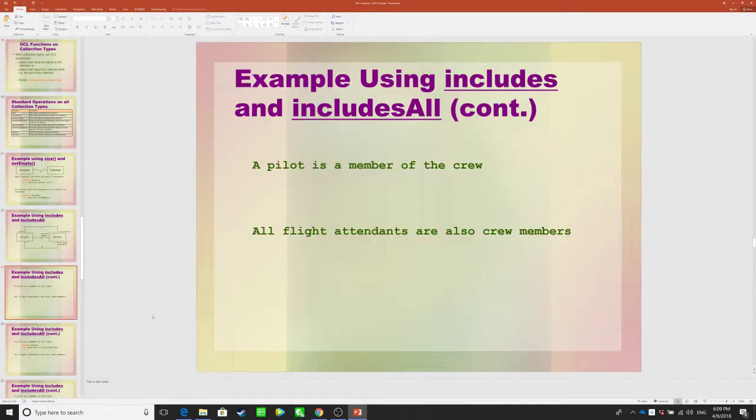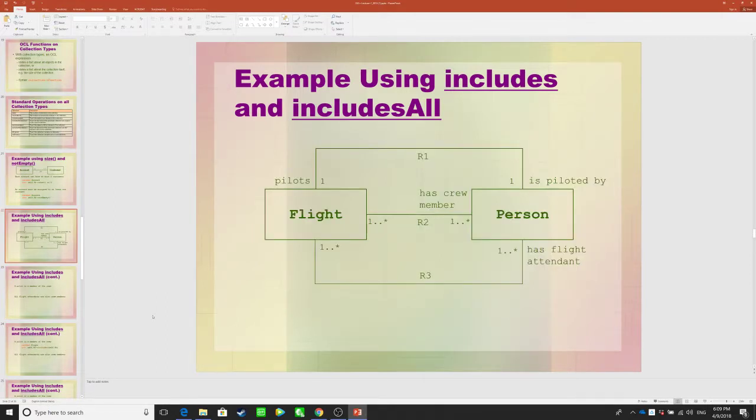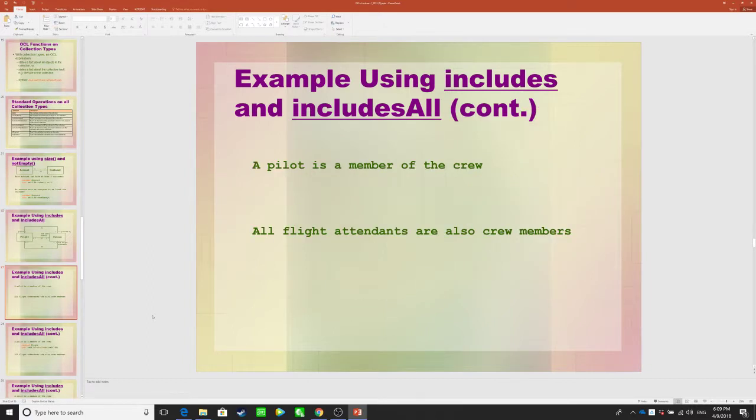Now let's see here. If we want to specify a pilot is a member of the crew. Here we cannot specify that a pilot is a member of the crew with the class diagram, right? Now, with the help of OCL, we should be able to specify that a pilot is a member of the crew. How can we do that?